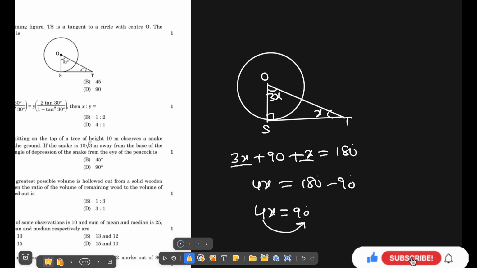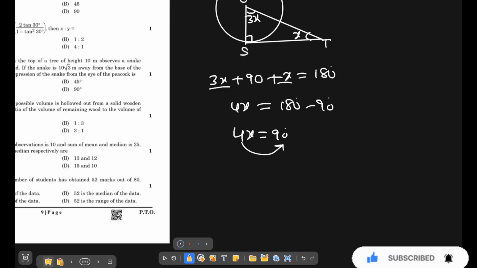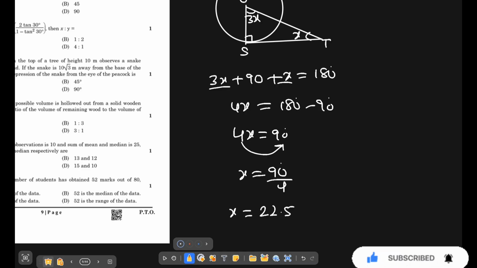Now it becomes what? x is equal to 90 by 4, which is 22.5 degrees. So now what do we need to find?